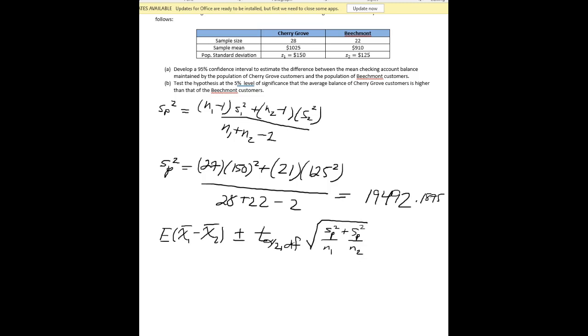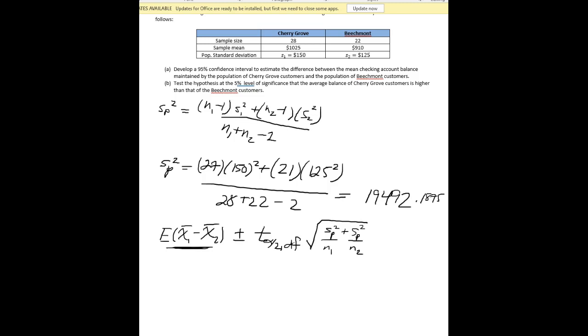Again, this formula is in the slides, and I think it's above here as well. So first things first, what is this term? Well, this term is just going to be the one mean minus the other mean.